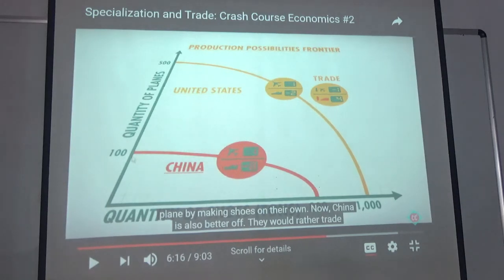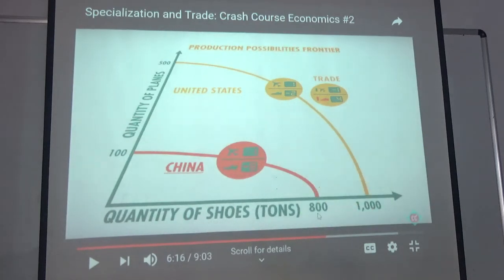So for China, making one plane, the opportunity cost for them is 8 pairs of shoes. So every plane they make, they could be making 8 pairs of shoes. And then in the other comparison for the US, that's because 100 planes equals 800 tons of shoes.